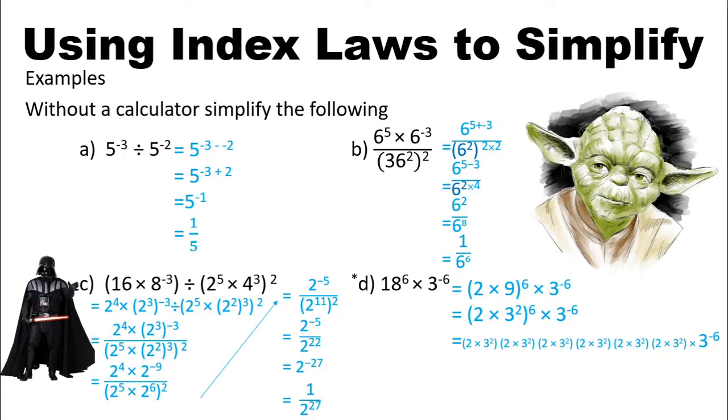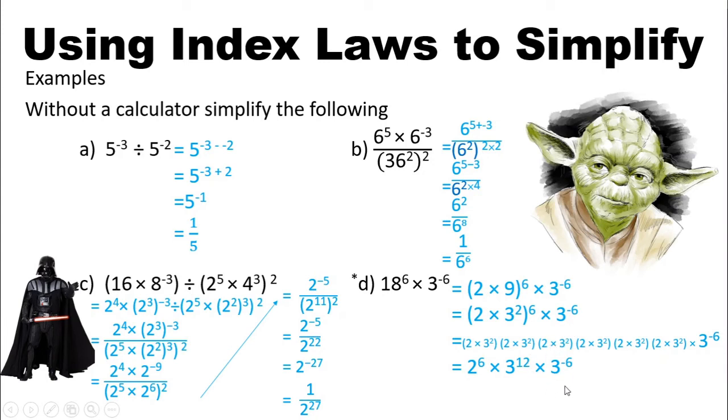So 3 to the power of 2 to the power of 6, we can use the normal power law as usual. This is going to be 2 to the power of 6, because this is a power of 1 multiplied by 6 gives me a power of 6. And 3 to the power of 2 to the power of 6 will give me 2 times 6, that's 3 to the power of 12, times by 3 to the power of negative 6.